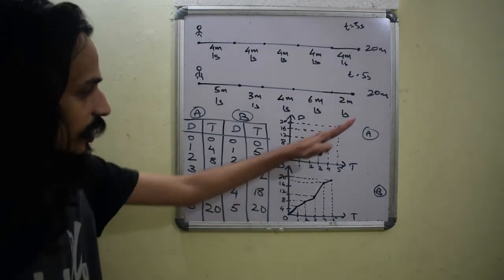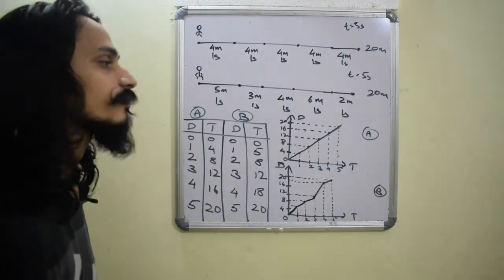Right, so you see it, right? One is a perfect straight line, one is not.